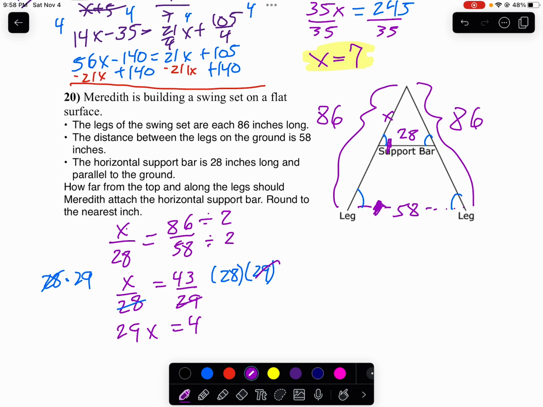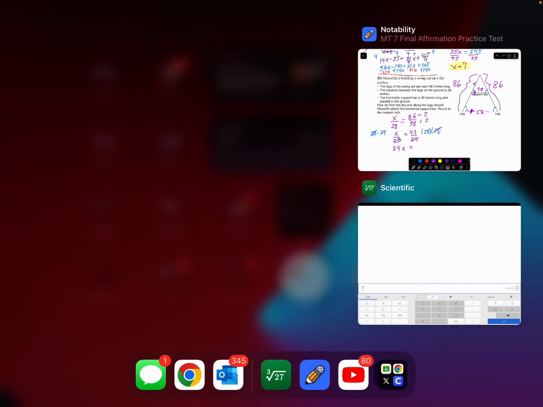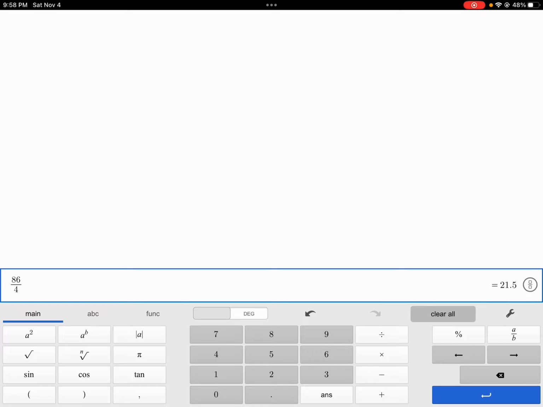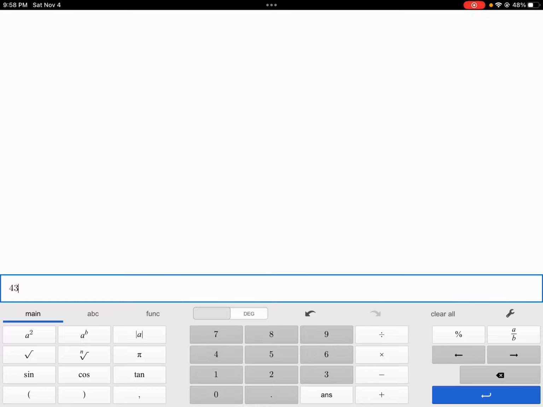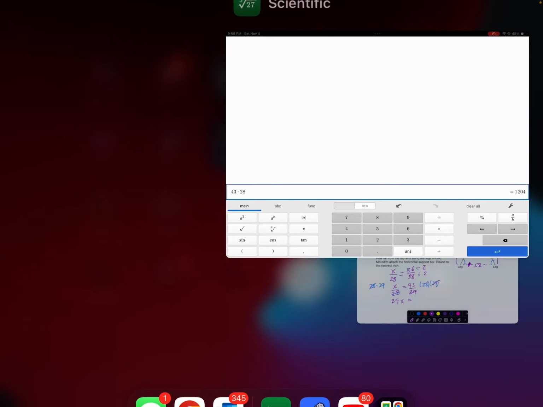I think I will use a calculator for that part. I take 43 times 28, and I get 1204.